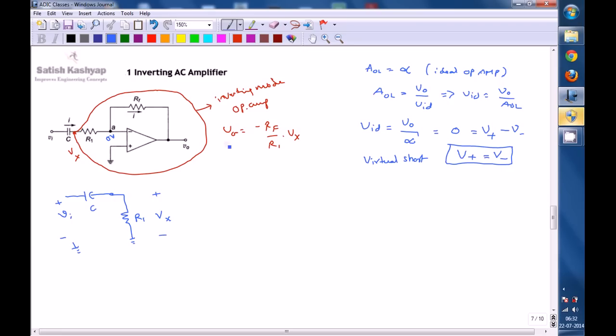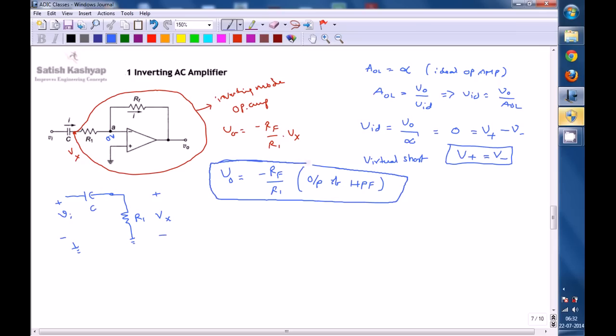So you get V0 is equal to minus Rf by R1 times the output of the high pass filter. This is the transfer function.